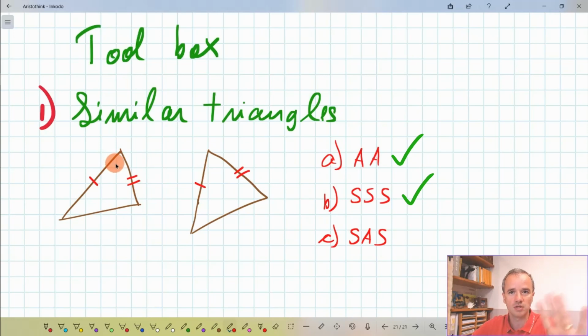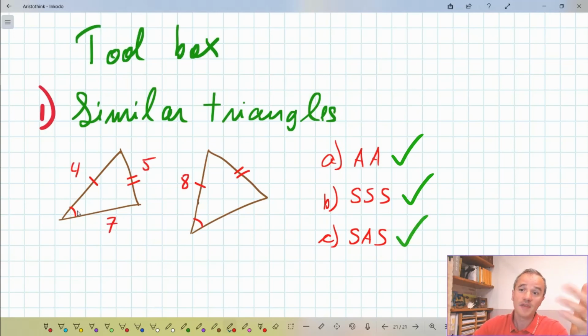No. It can be any angle. Let's for instance give this angle. Let's suppose this angle is the same as this one. Now we have sides, another side, and an angle. That is enough to tell us that if this is 4, 5, 7, and this is 8, I can tell you this is going to be 10 and this is going to be 14. That's what you're going to do.